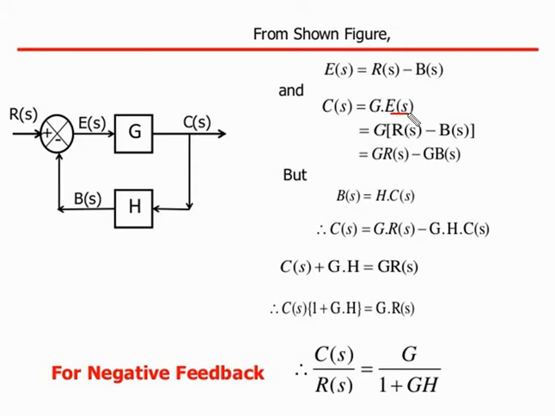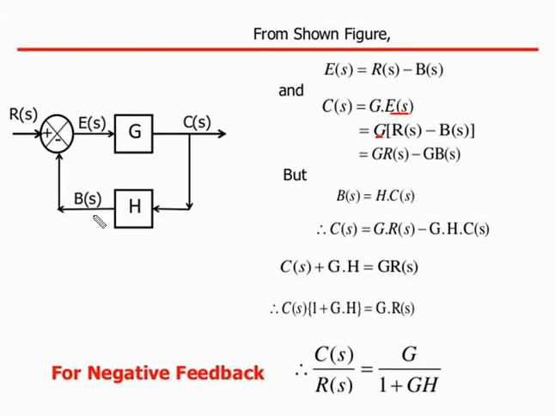But E(s) equals R(s) minus B(s). So G in bracket R(s) minus B(s). If we multiply G to both of the elements in the bracket, so G R(s) minus G B(s).